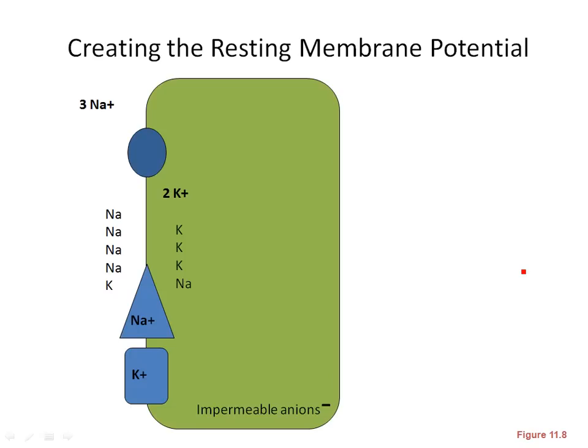When a neuron goes to create a resting membrane potential, realize that there's things stuck in that neuron's axolemma. So the green here represents a little piece of the axon, and the line at the edge of the green is my axolemma, my cell membrane.